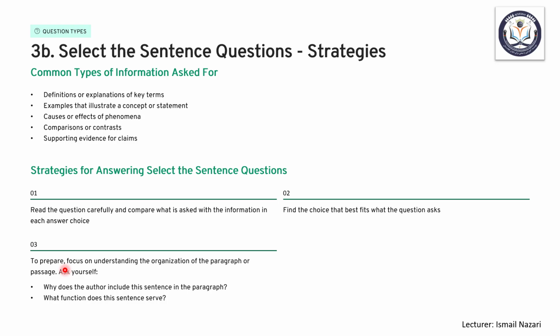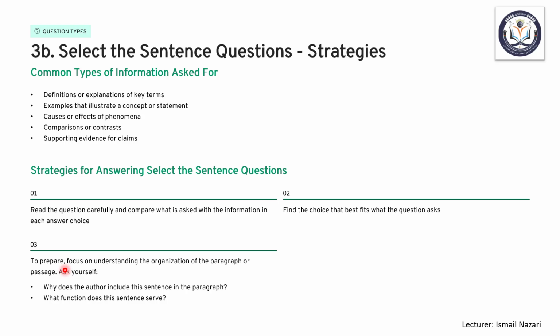In every passage, we have two types of information: a major idea or the most important point, or minor ideas and supporting details, supporting examples, supporting claims, supporting facts. So understanding the structure can help us to very easily find the location.